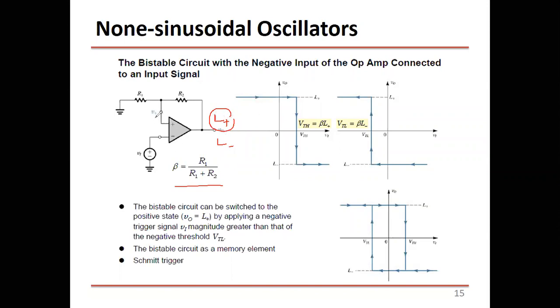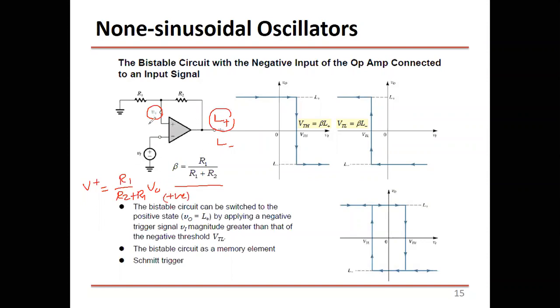In this case, how much is V plus? Don't forget that V plus equals R1 over R1 plus R2 times V out. So it's a fraction of V out. If this is 10 volts, this might be 1 volt, 2 volts, something positive, but less than L plus.